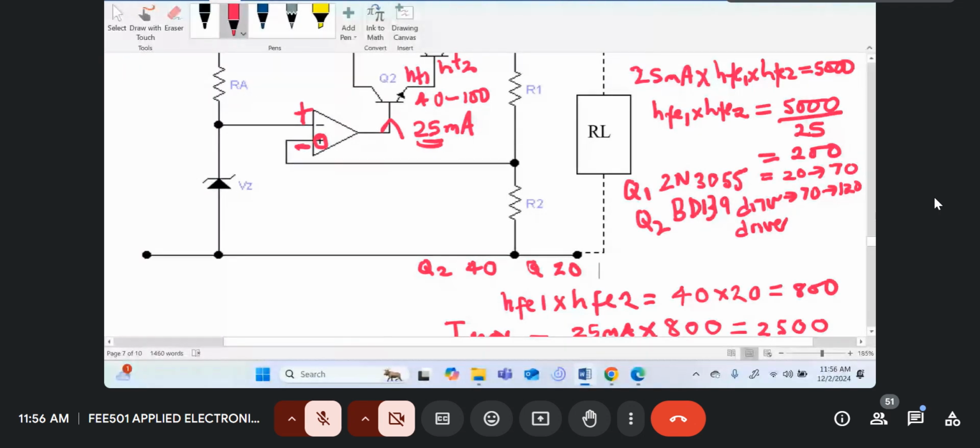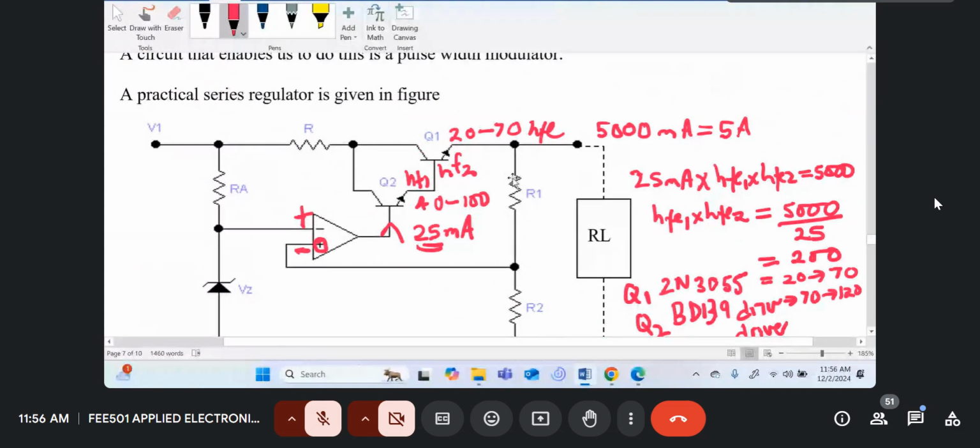So what I wanted to say is this, supposing I'd used only one transistor, only Q1.